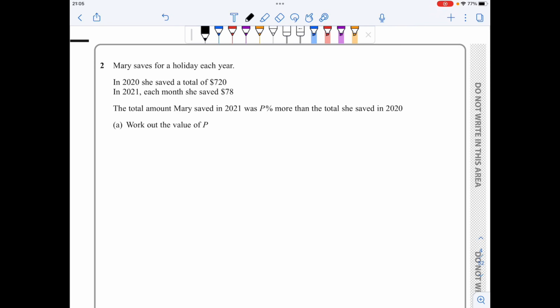For question A, I'll start by calculating the total amount saved in 2021, and this is equal to 78 times 12 months, that's 936. Now, if I have an increase of p%, that means that my multiplying factor will be 100 plus p over 100, and then I'll just use the formula original times the multiplying factor equals the final amount.